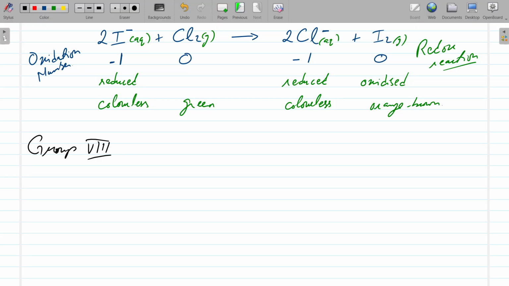These are called the noble gases, and the reason they're called noble gases is because they are very unreactive.